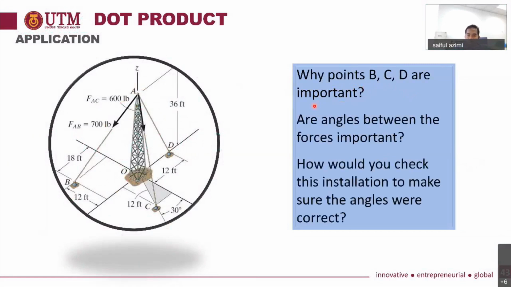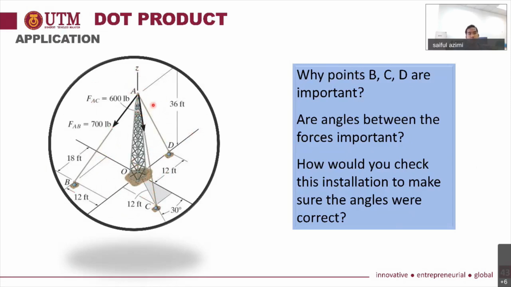And how would you check these installations to make sure the angles were correct? From this figure, the points B, C, D are attached to the ground with cables. This is important because it makes sure that the tower will stay intact.